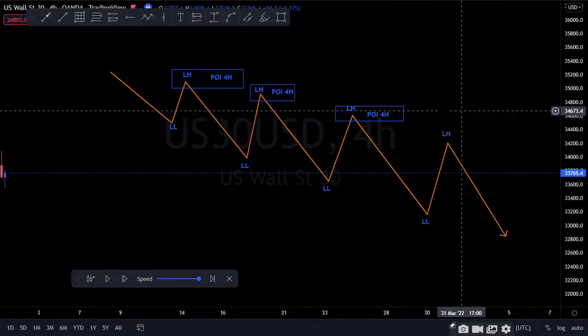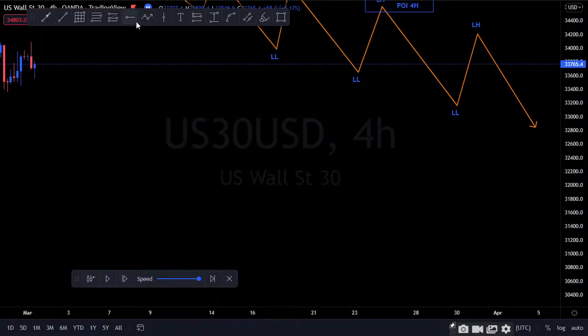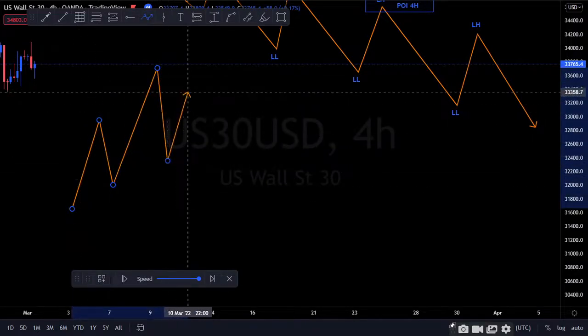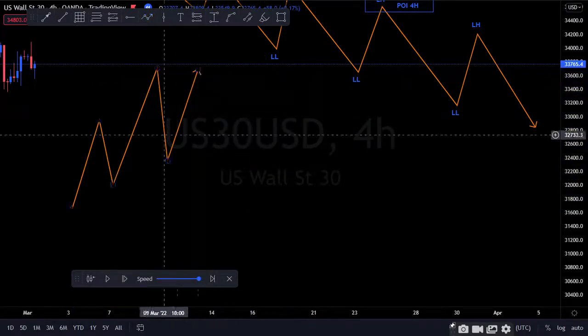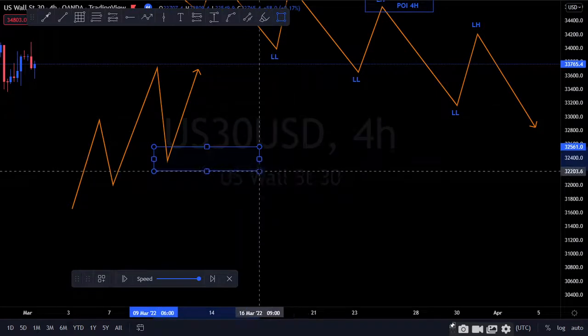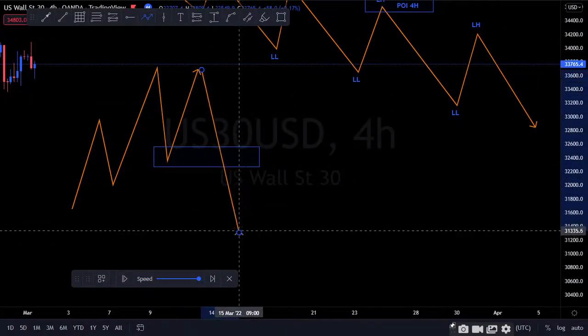Let me maintain the lower high. If you remember, I said in bullish market structure we can say the market is bearish only if the last higher low is broken.